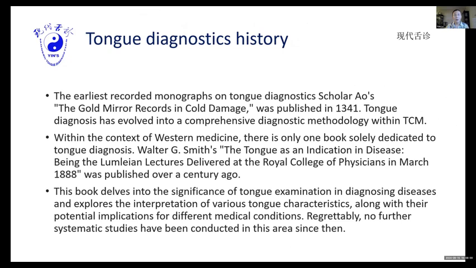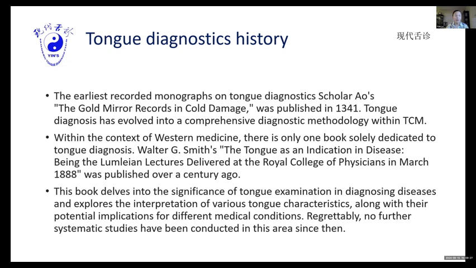So we all know the first tongue diagnostic book published in traditional Chinese medicine was in year 1341. So tongue diagnosis in traditional Chinese medicine has been really well developed. On the other side, in Western medicine, there's actually only one book mainly describing tongue diagnosis.